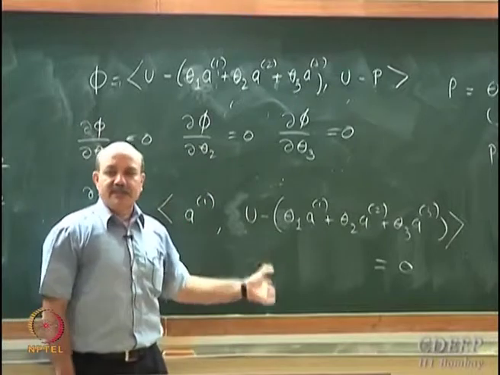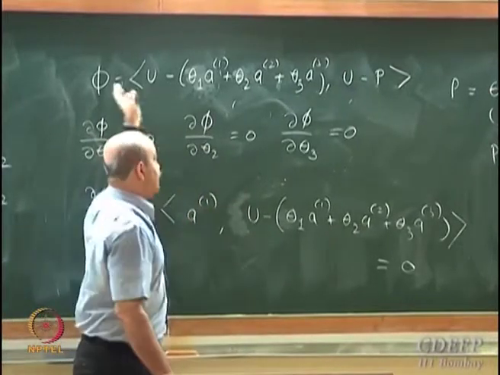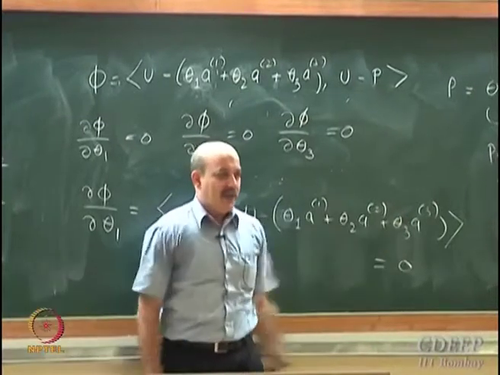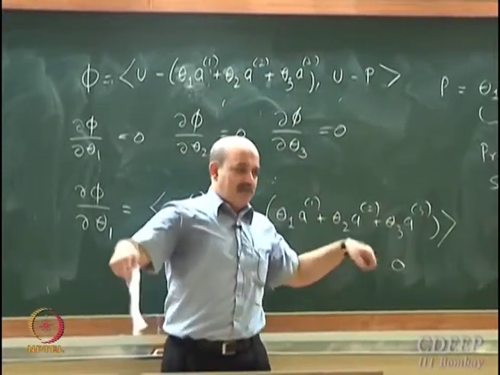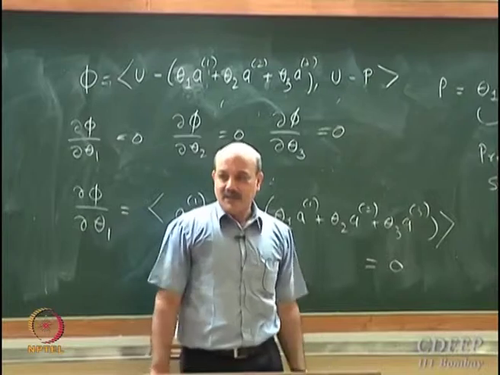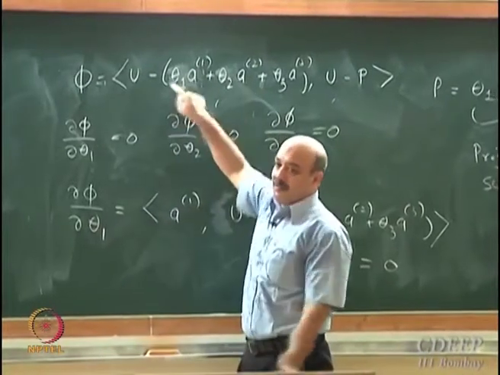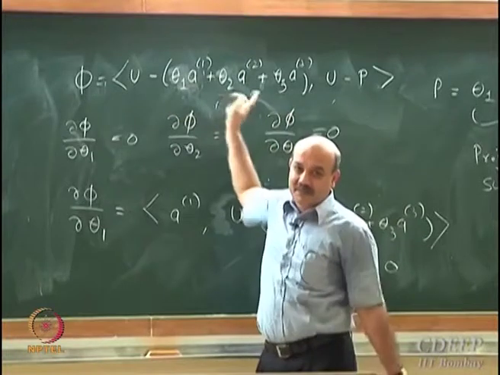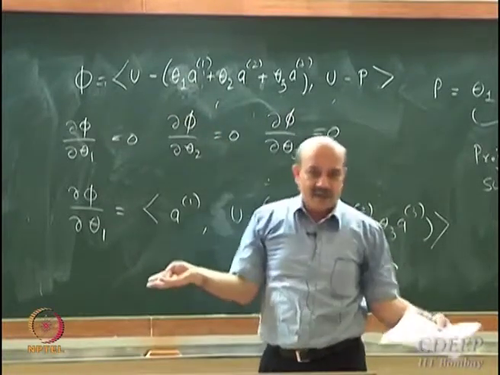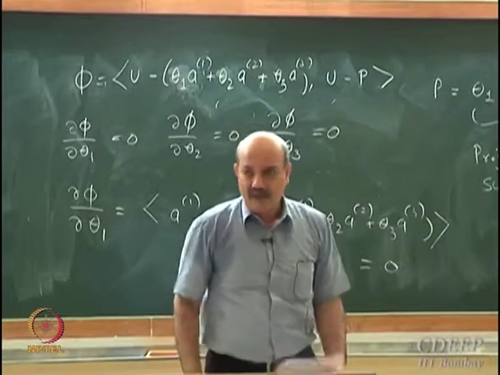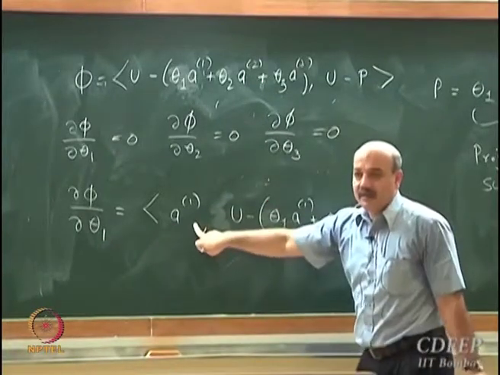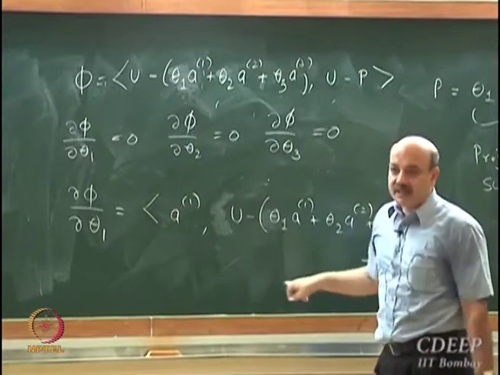I am skipping in-between steps. You can actually expand the entire inner product and you will get many terms. You have to patiently find the inner product element by element. You know the rules of expanding inner products, right? So what I will get is A1 inner product with this is equal to 0.